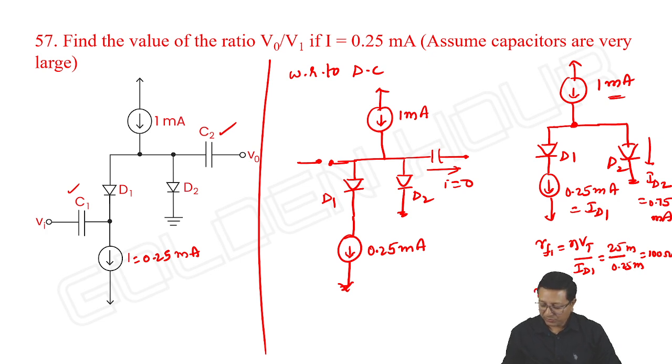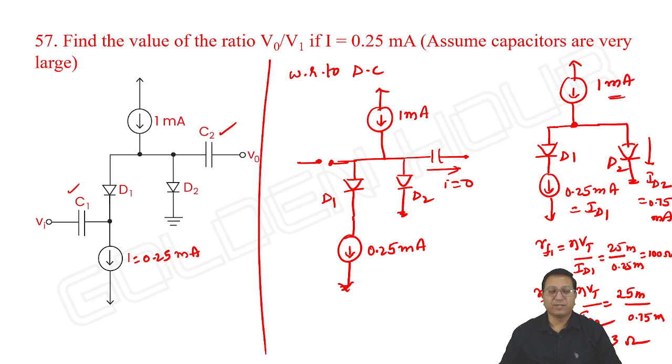Next RF2, it is again equal to eta Vt by ID2. It is again 25 milli by ID2. How much is it? 0.75 milli. It is equal to 33.33 ohms. Okay. 100 by 3, 33.33. ID1, ID2 we have got.